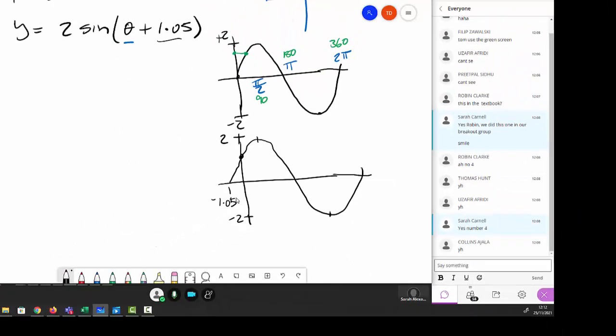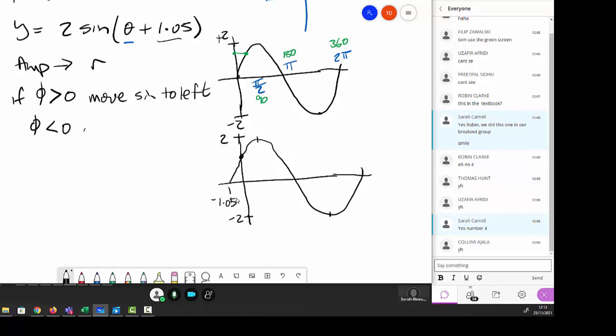So let me be absolutely clear what we're saying here. The amplitude is whatever r is, so that's easy. But if phi is greater than 0, move the sine curve to the left. And if phi is less than 0, move the sine curve to the right.